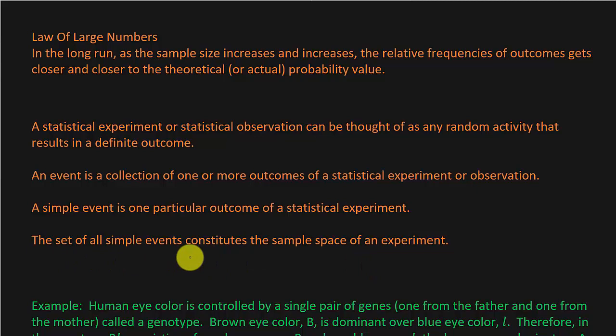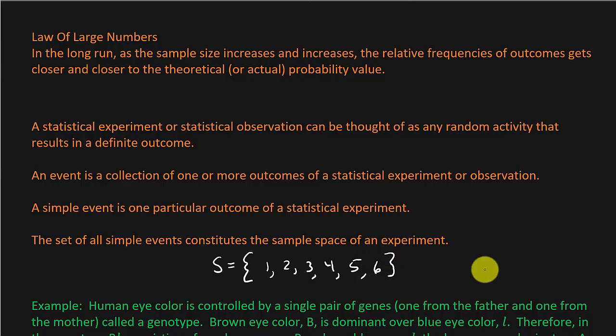Well, that would be like the sample space. So the sample space for rolling a single die would be 1, 2, 3, 4, 5, and 6. That's my sample space. That's all the possible outcomes.